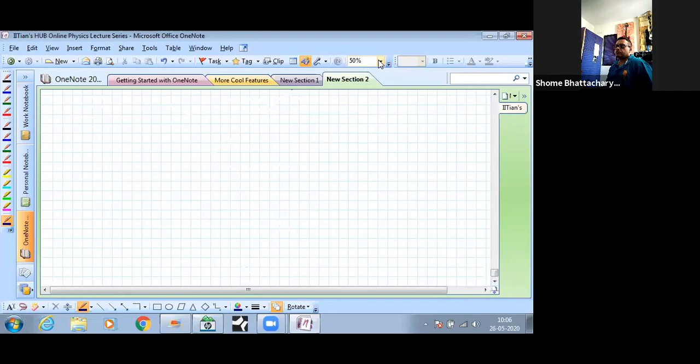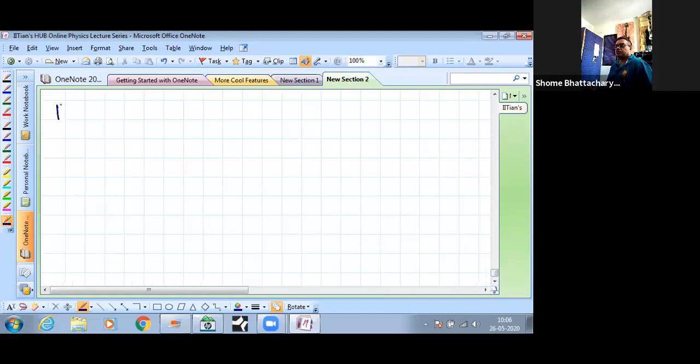Okay, so for example, let's take those same vectors which I have taken in the earlier one. E is I cap plus J cap plus K cap, and the vector B was 2I cap plus 2J cap.